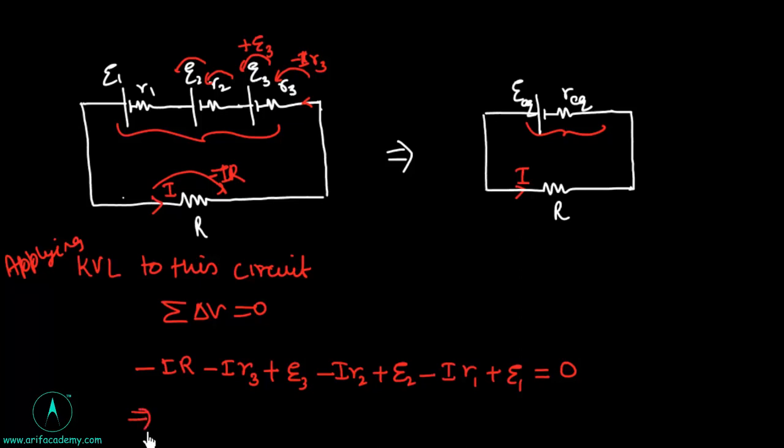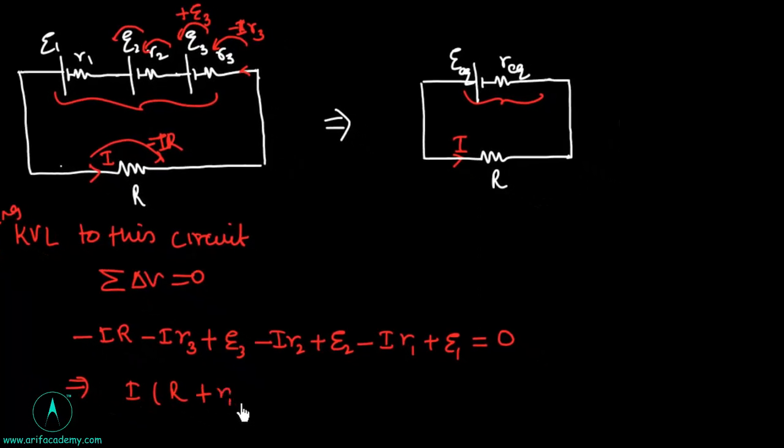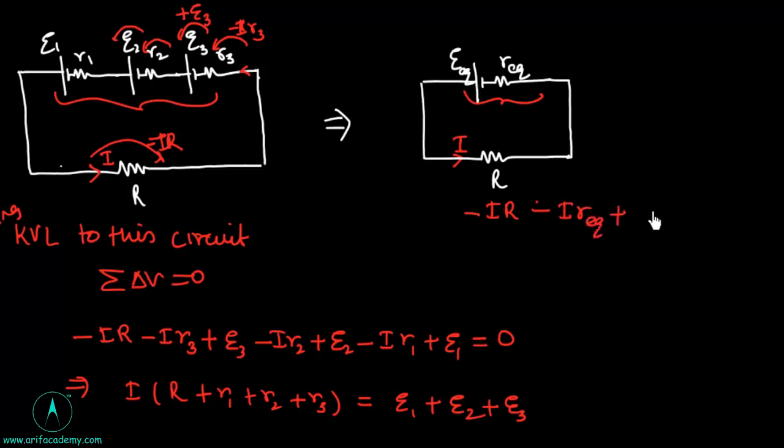So this can be written as I times R plus R1 plus R2 plus R3 equals E1 plus E2 plus E3. If the same principle is applied here, we can write minus I R equivalent plus E equivalent equal to 0.